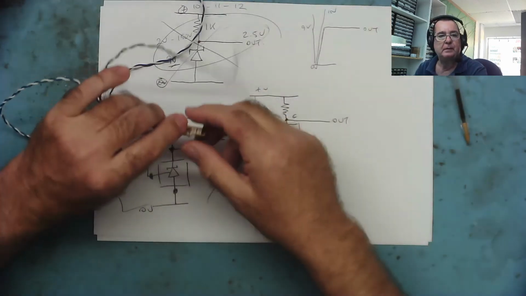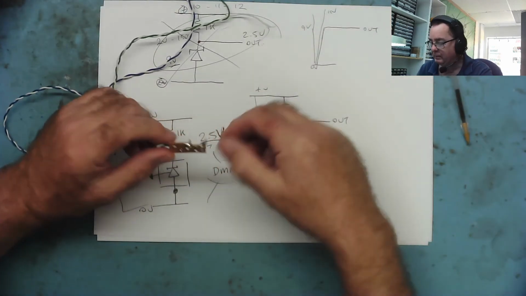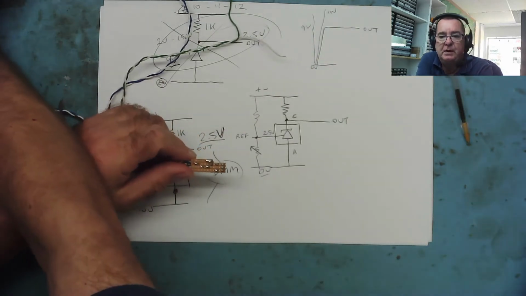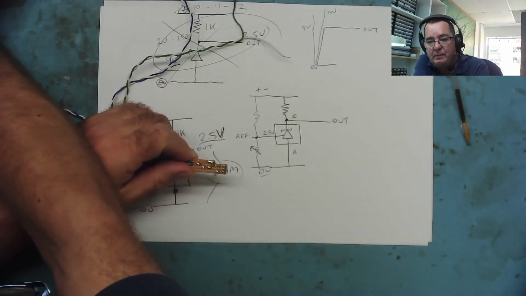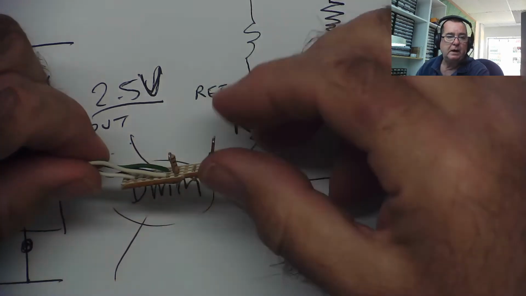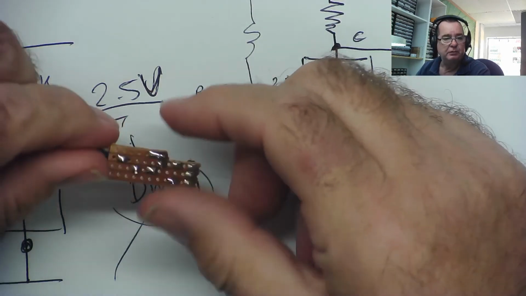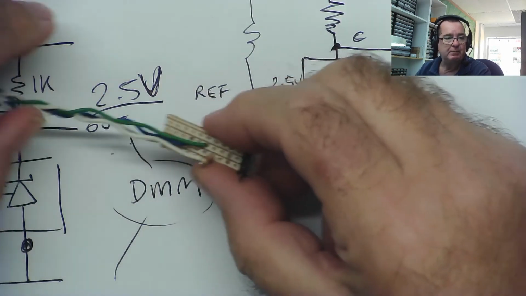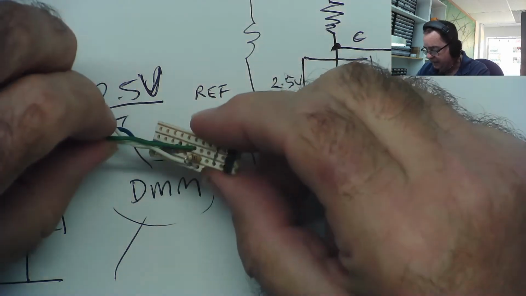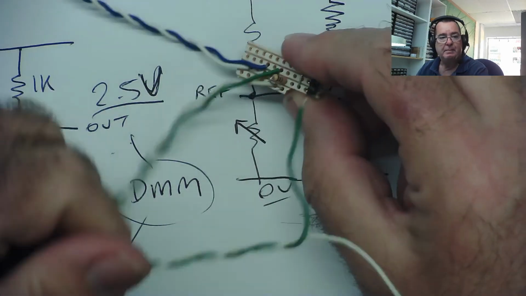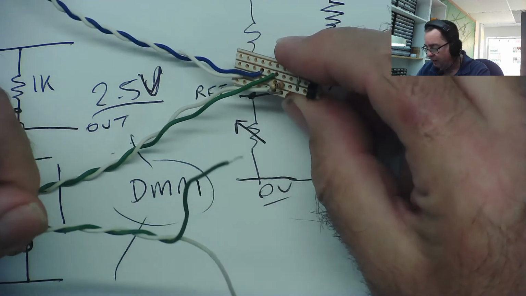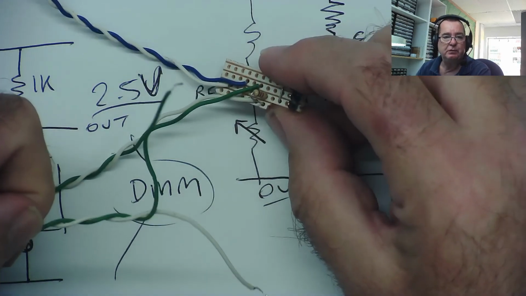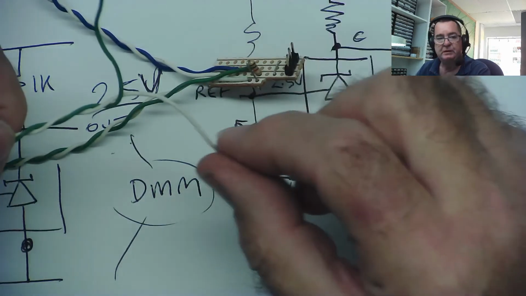So, I've built one. I'll zoom down and show you what I've built. Okay, so it's a little bit of Vero board or matrix board. Very simple. On the input I have this green and white wire. Green is ground, 0 volts, so the white is the positive supply.